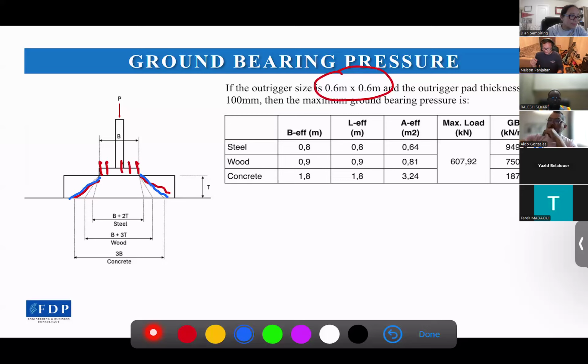Thickness of the outriggers or the pads? The pads, yes. If you use the pads, then it's the thickness of the pads. Okay, thank you. Is there any other question? If not, we continue.